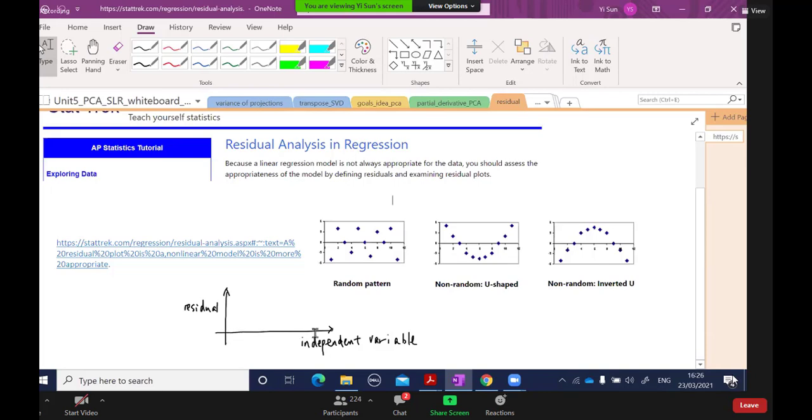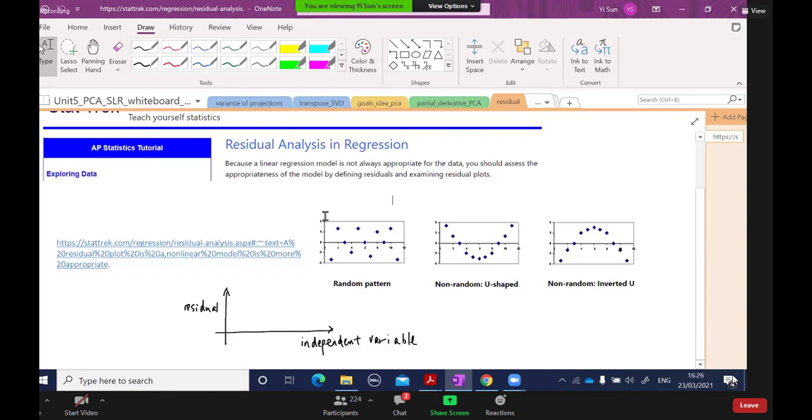For each data point, you also have the independent variable value. Then, based on this pair of values, we can plot one point for each observation, using its independent variable value against the residual value. And then you can generate a plot for all data points.